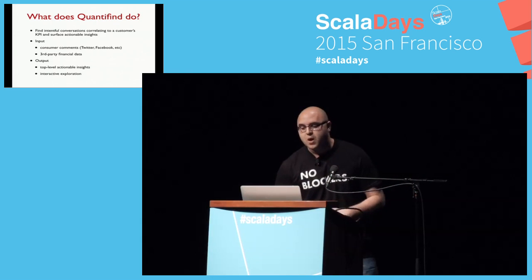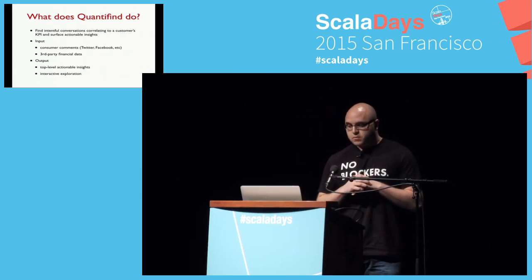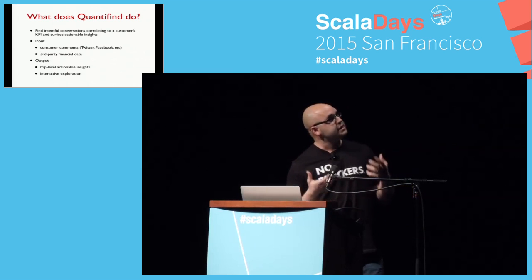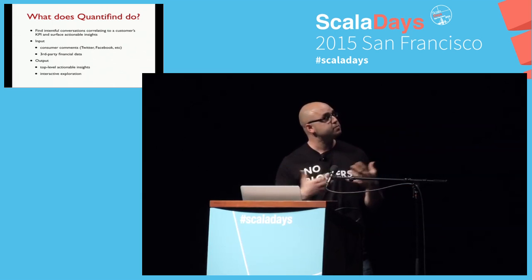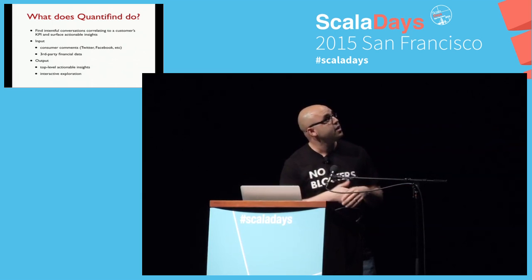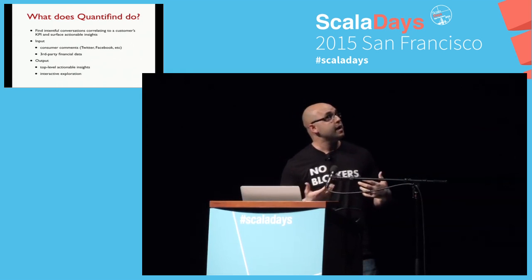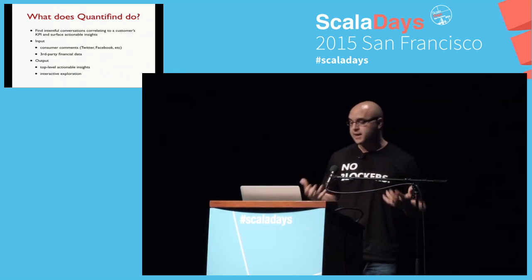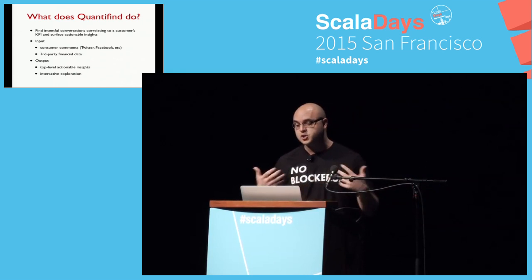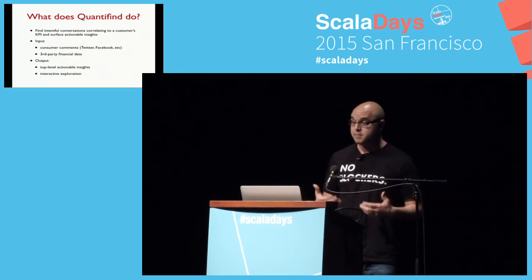So what does Quantifind do? Quantifind tries to find intentful conversations, basically chatter that correlates to a customer's KPI, or key performance indicator. Then we take that and try to surface actionable insights, something that a customer could actually use to affect their day-to-day business.